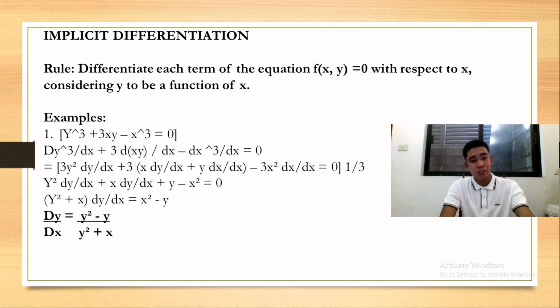Implicit differentiation. Rule: differentiate each term of the equation f(x, y) equals 0 with respect to x, considering y to be a function of x.